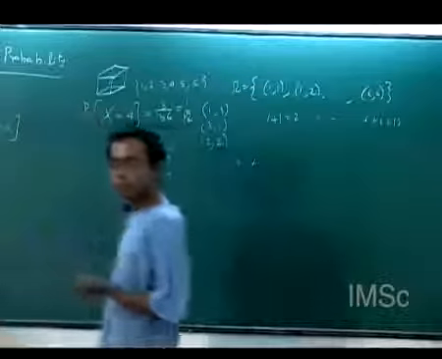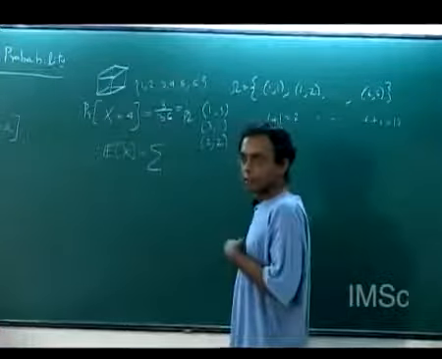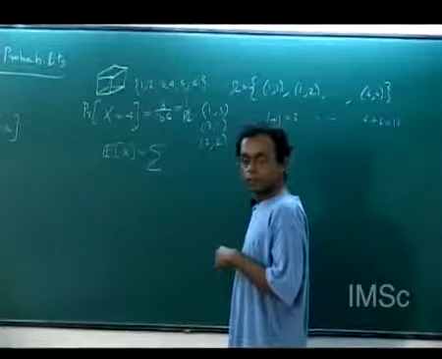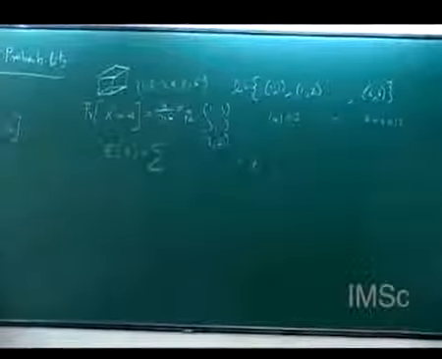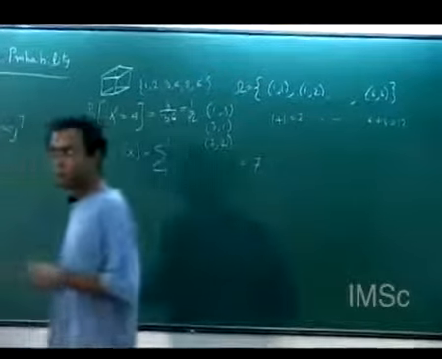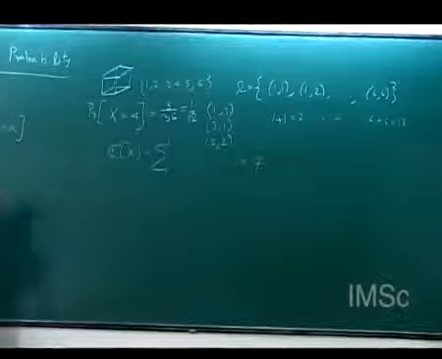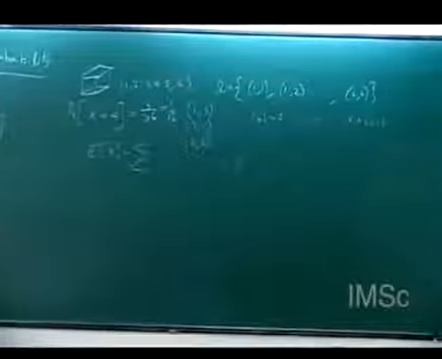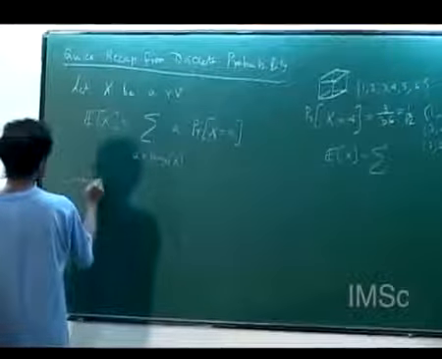Is it clear what I mean by expectation of a random variable? Please ask questions if you don't follow something. This is a very simple fact from basic probability theory. Then when you study expectation, the important concept that comes next is linearity of expectation.